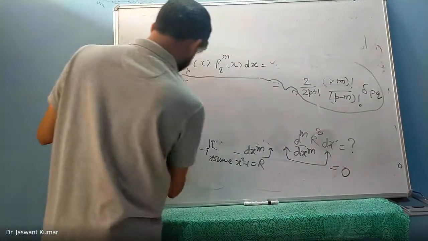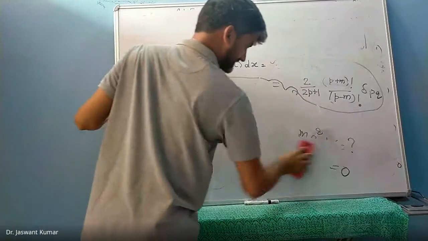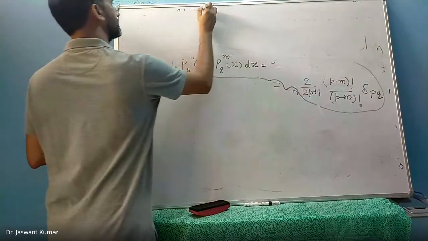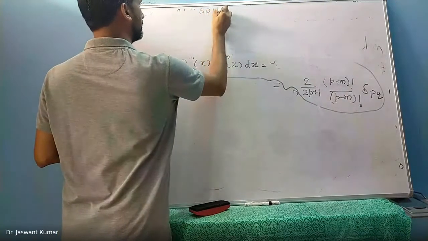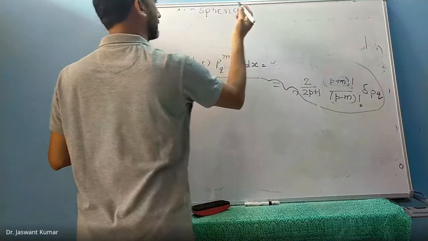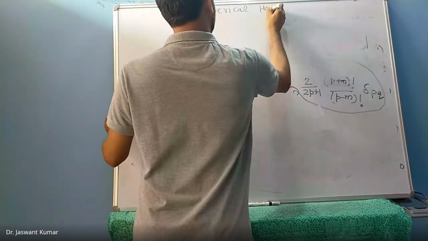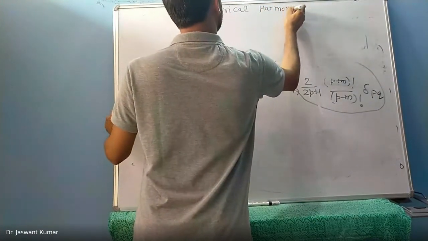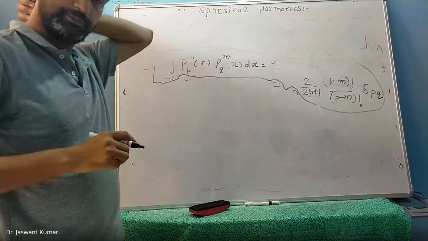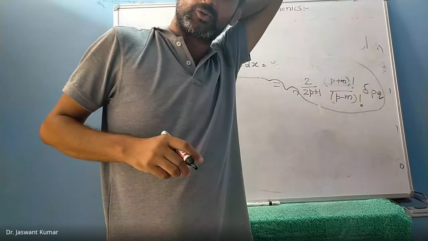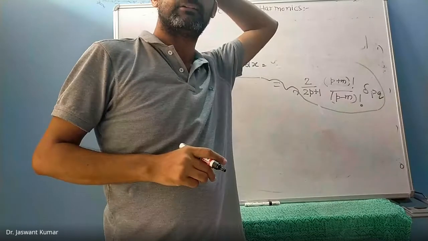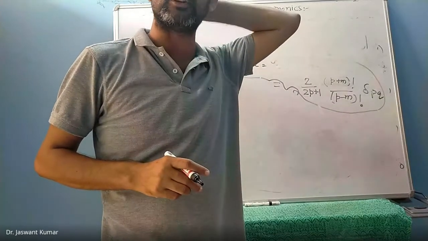The last thing that we do in today's class is something known as spherical harmonics. And we have done all the hard work for spherical harmonics. We do not need to do any more hard work now. The beauty of our syllabus in unit number 2 is that if you have done unit number 1 correctly, then there is nothing required to be done in unit number 2.